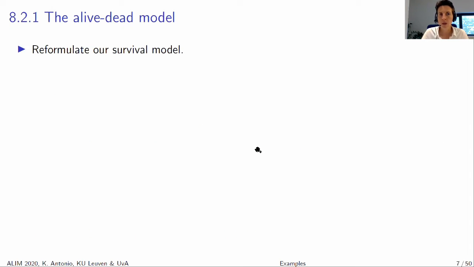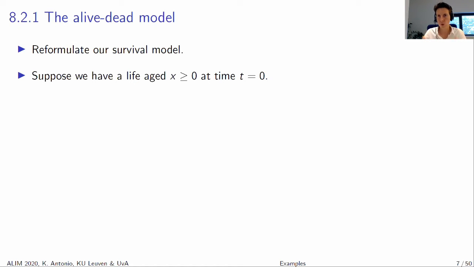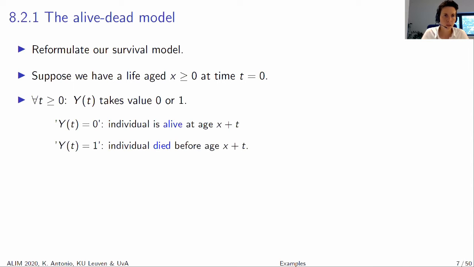Good. Now, if you think about this survival model that we've been working with in the first part of the course, then you can say, well, let's start from a life (x) at time 0, and let's label Y(t) as the state in which our individual is in at time t. So that's the state that is occupied by our individual at time t.